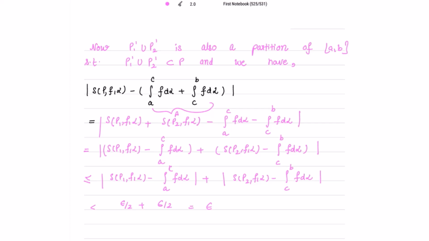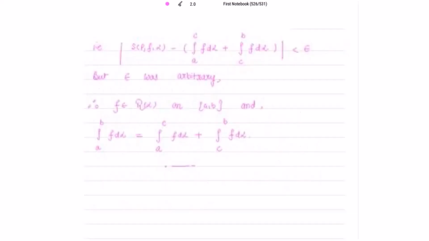But epsilon was arbitrary, so this complete modulus is strictly less than epsilon. So f is Riemann integrable on the closed interval [a, b], and the integral of f dα is equal to the whole of this thing A. Right? Thank you.